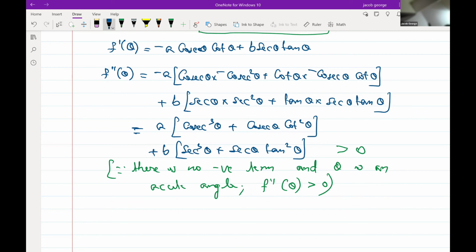Therefore, we can conclude that the length of hypotenuse is minimum.